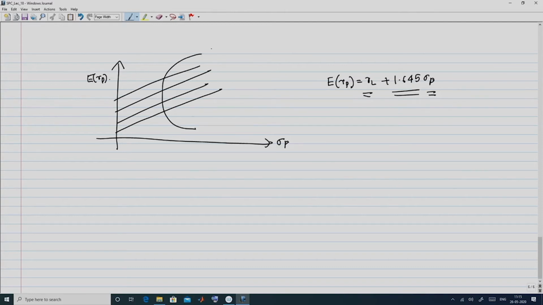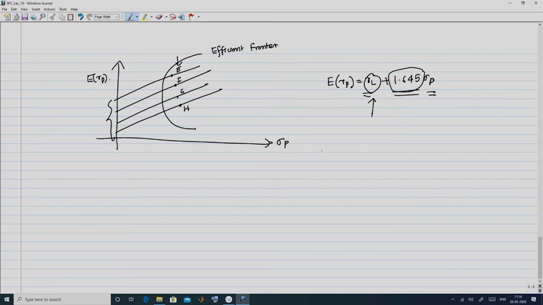So if we take the sigma p, E of RP plane, these are going to be some straight lines. And then what we have is the efficient frontier. Suppose we call these portfolios E, F, G, H. All these portfolios have an identical slope of 1.645, but the RL, which is the intercept, is going to be highest in the case of portfolio E, because this has got the highest intercept.